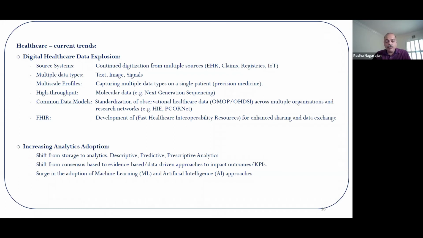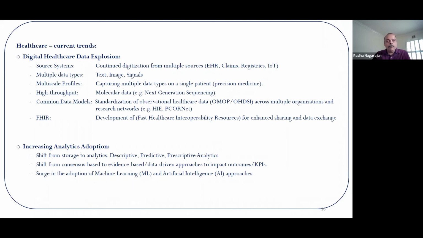And there's high throughput data in healthcare, such as that obtained from high throughput molecular assays such as next generation sequencing. And there is also significant progress in standardizing these data sets. Several initiatives are in place, and these have resulted in not only massive data sets in a healthcare system or organization, but pooling data sets from multiple healthcare systems or organizations through health information exchange and other efforts.